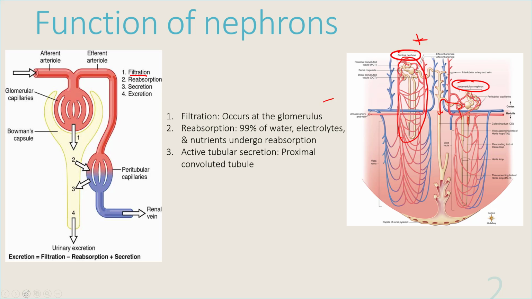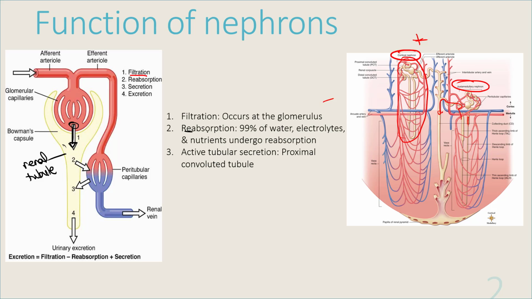In filtration, the solutes, electrolytes, nutrients, what have you, leave the glomerular capillaries and enter into the Bowman's capsule. Right? The Bowman's capsule, as you can see over here, is continuous with the renal tubule. So whatever goes into the Bowman's capsule then enters into the renal tubules.